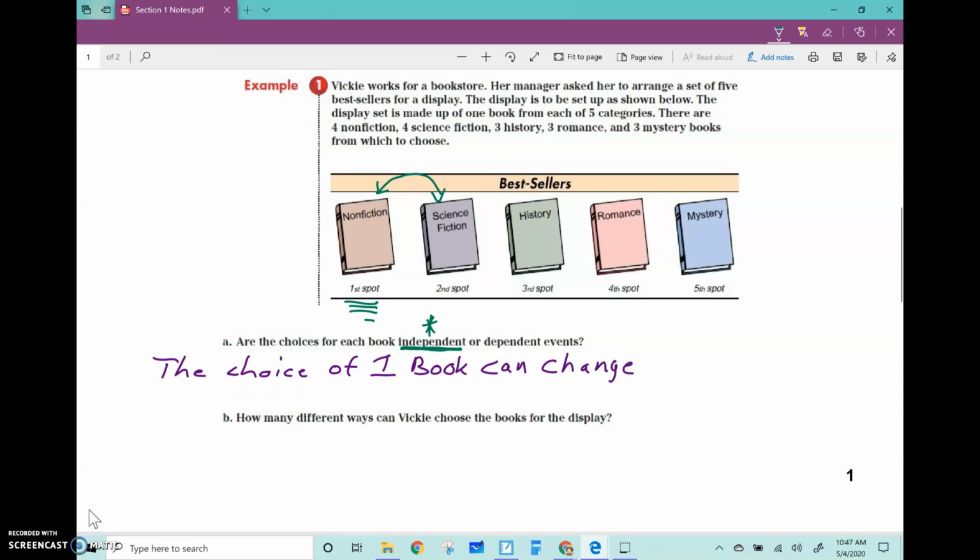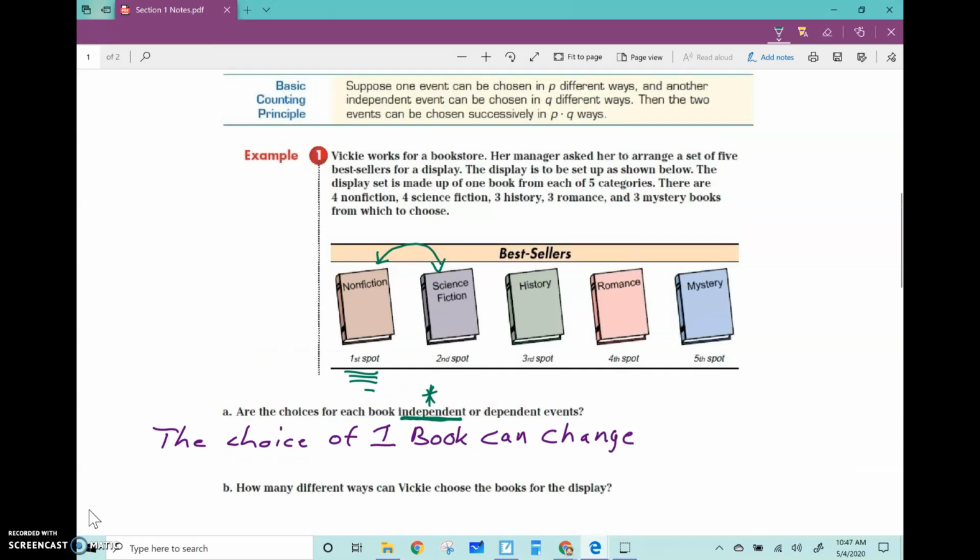Now, how many different ways can Vicky choose the books? This would be a lot for a tree diagram, so there's some easier ways to calculate that. What we did up top was we took 4 times 4 times 3 times 3 times another 3.